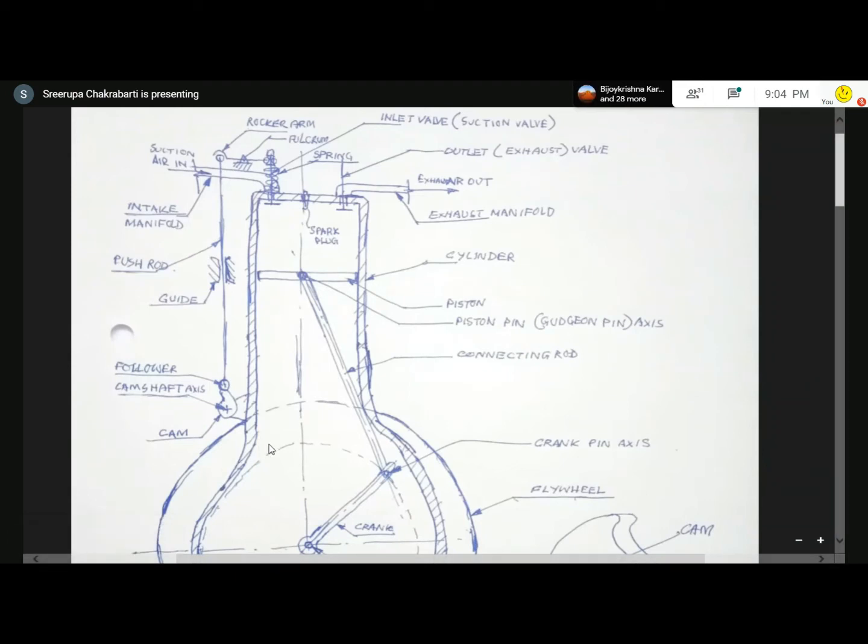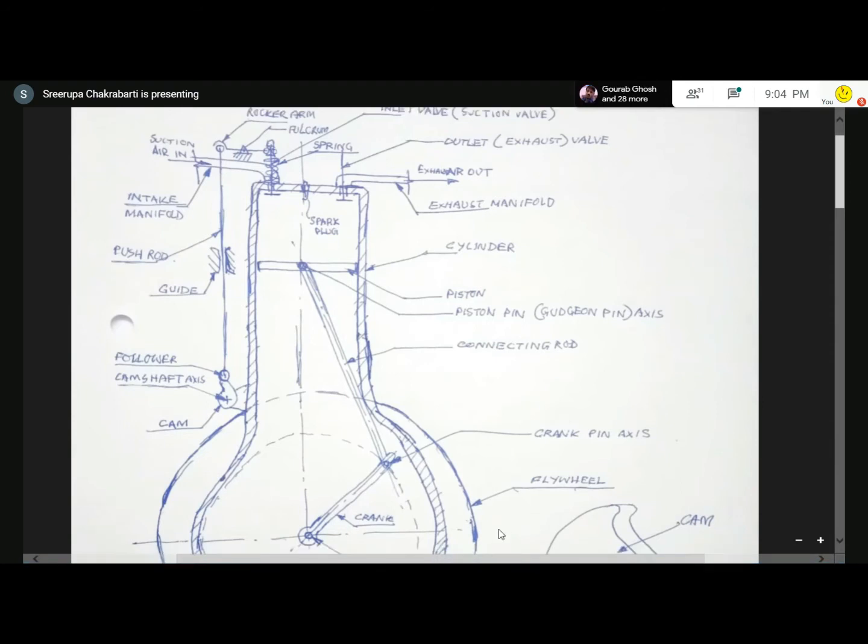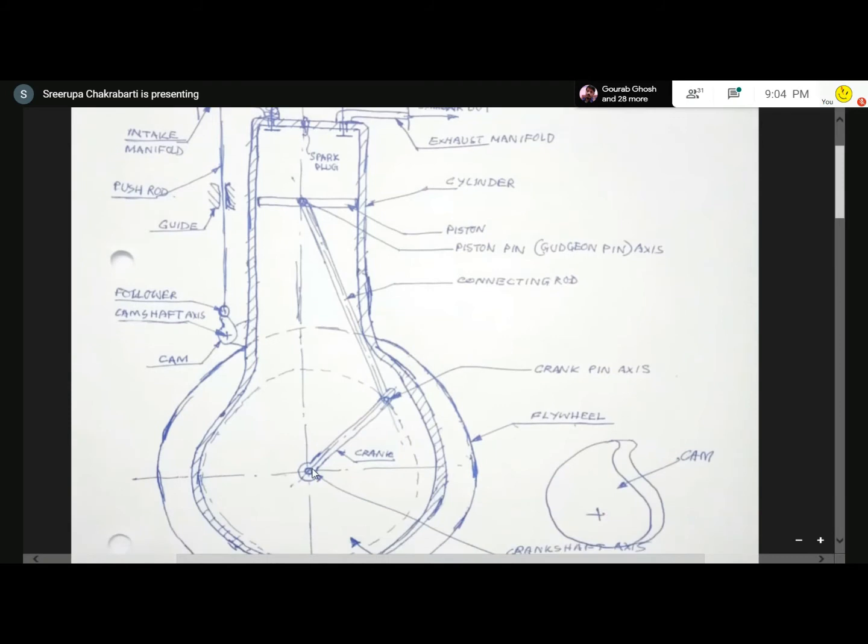The energy lying in the flywheel in excess of that, which comes from the power stroke, is the net energy coming to the axis of the crankshaft, and that is the net energy which goes to the output system. If the crankshaft is connected to the rear axle of a cart, the rear axle will go.